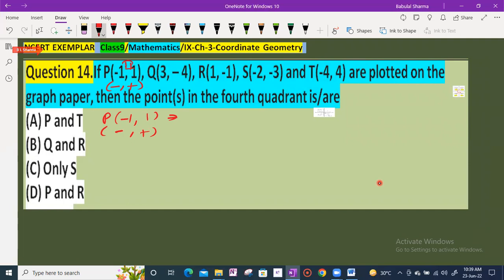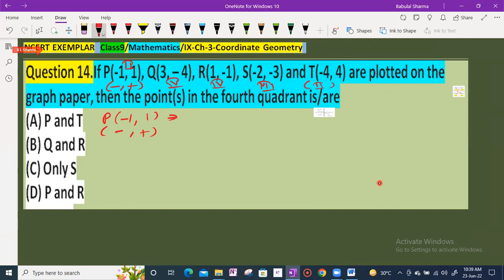Point Q, x is plus, y is minus, will lie in the fourth quadrant. R, that is +1, -1, will lie in the fourth quadrant. S, both are negative, so it lies in the third quadrant. P, negative and positive, will lie in the second quadrant.